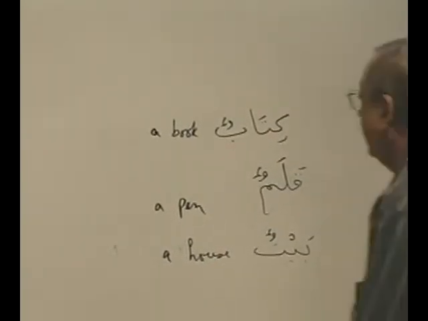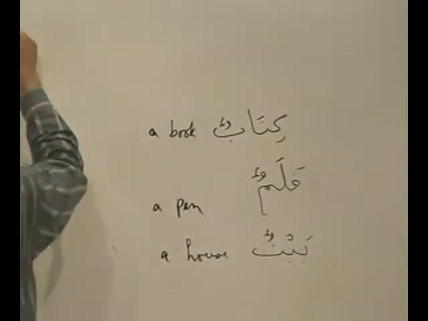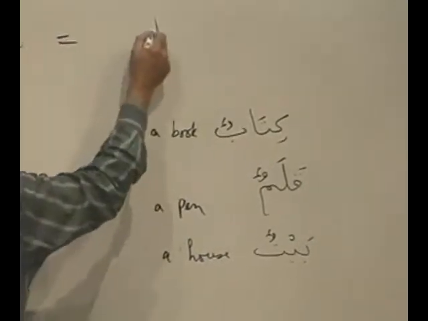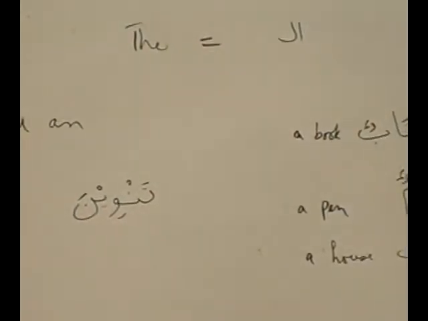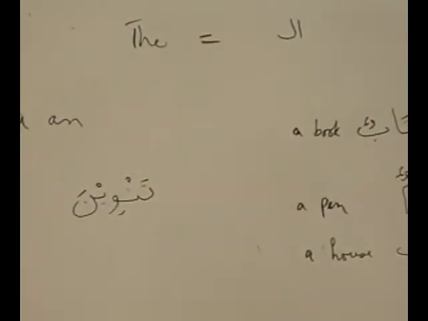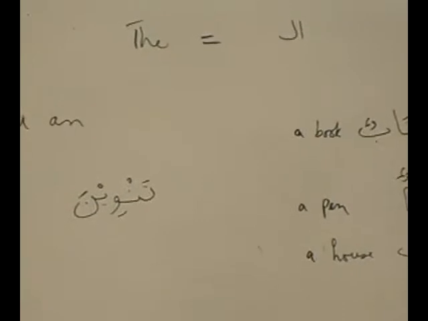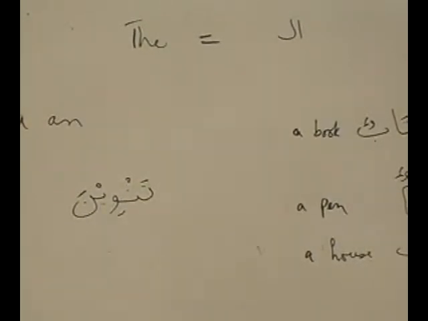And then, how do I make it definite? Definite, which is "the" in English, we have to add al to the noun. So I want to say the book. What will I do now?